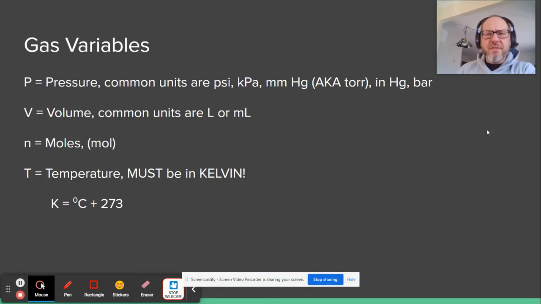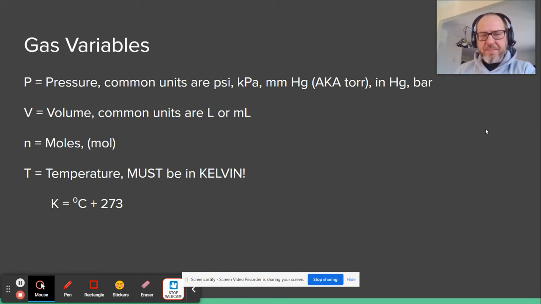A lot of this is going to be review from Chem 1, and I believe we may have done a little bit of it in Chem 2. But here are your basics. One of the most challenging parts of gas laws is that there are various variables for pressure. We use PSI in the United States, like for your tire pressure.